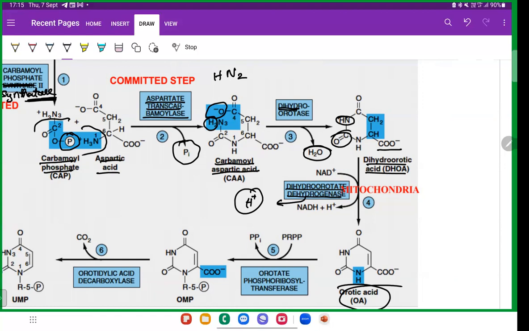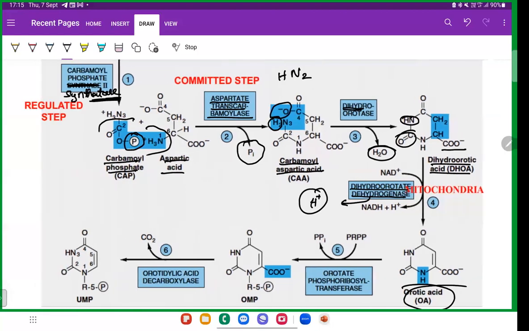Now this orotic acid, what will it do? It is going to get phosphoribosyl transferase. So PRPP is going to transfer. PRPP, phosphoribosyl transferase. Okay, do you remember PRPP?